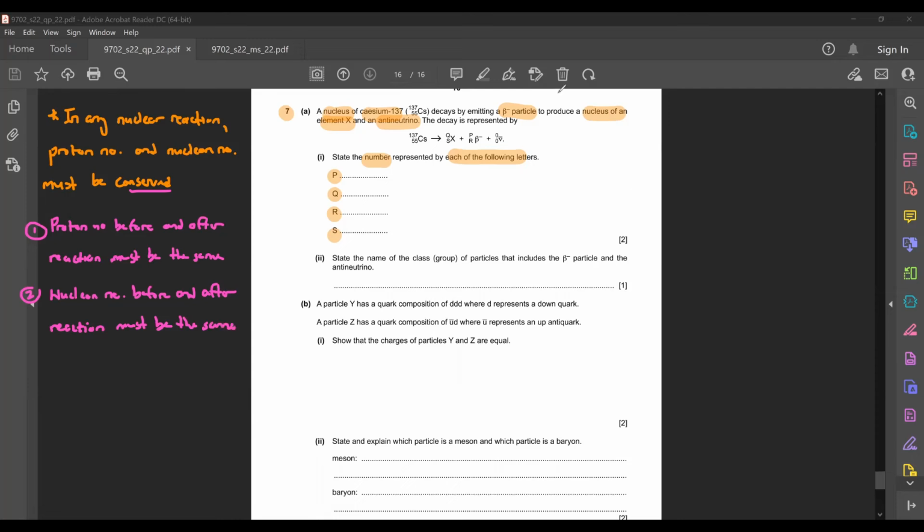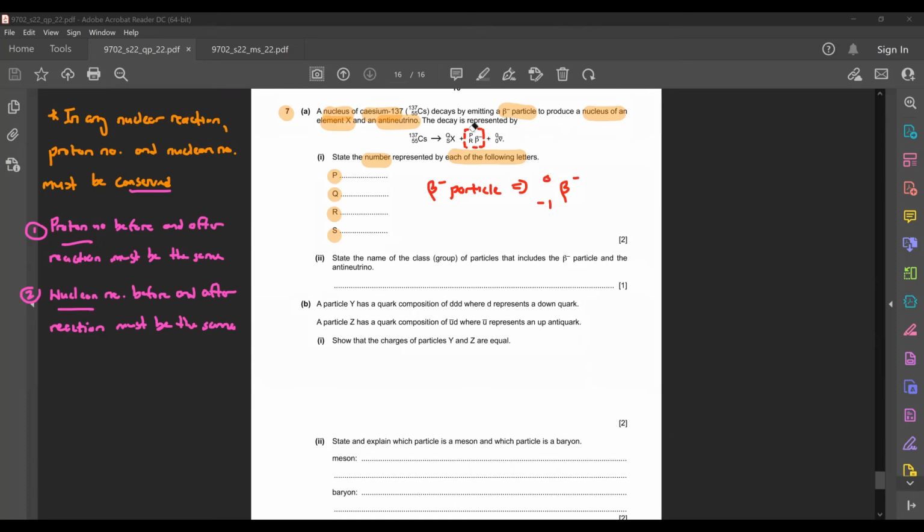So we try to apply the conservation of proton number as well as the conservation of nucleon number for the given equation here. But let's single out the beta minus particle. For a beta minus particle, we already know its proton number and nucleon number: a proton number of -1 and a nucleon number of 0.